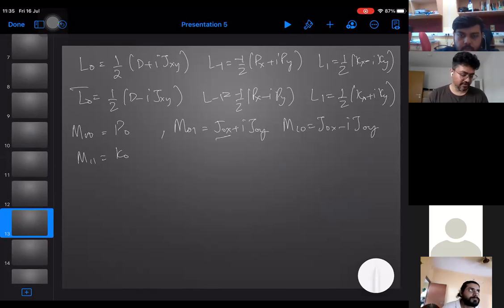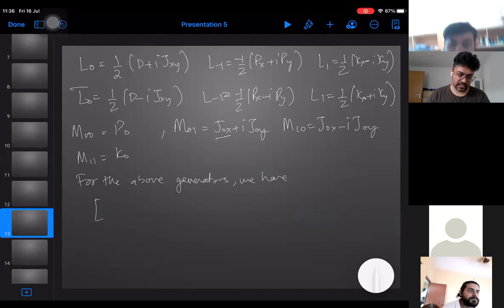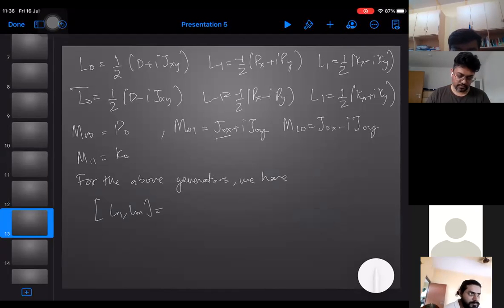So for the above generators which we have defined, we have the algebra, which is again given by this. If you plug everything in and find the commutators, they are given by this.